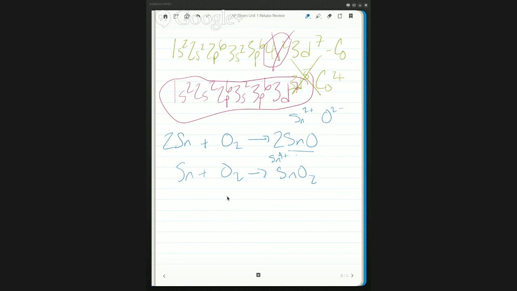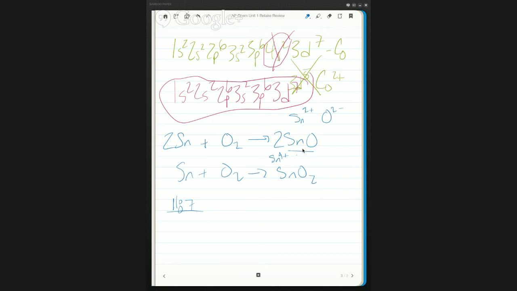Now, to determine the percentage of each element in the two compounds, if you guys remember, that was the mass percent we did, where you have the mass of tin, which, look it up real quick, is 118.7.